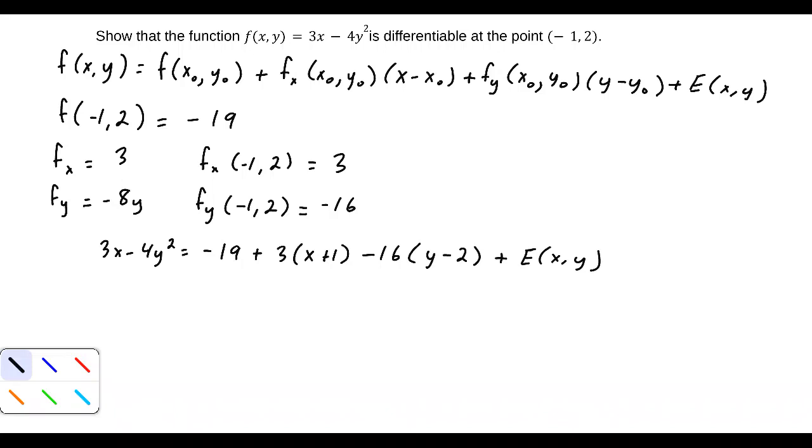Solving for E(x,y), rearranging terms, we see that it is equal to -4y² + 16y - 16.